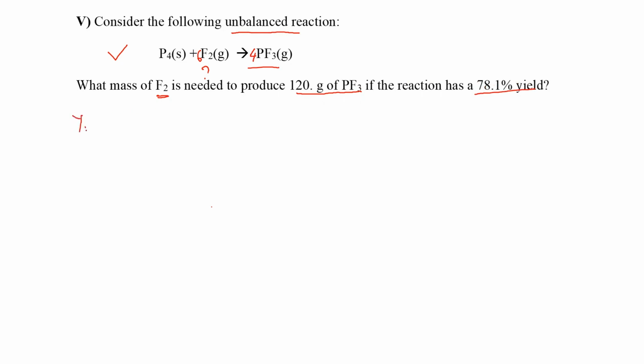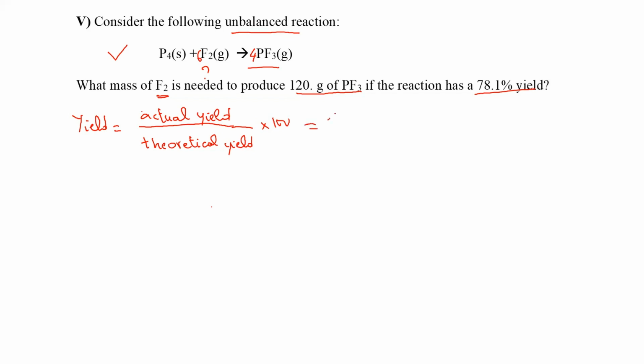We know that the yield is equal to the actual yield, the mass that you have from the experiment, divided by the theoretical yield that you should have from the balanced equation, times 100. Okay. So in this problem, what is our actual yield of phosphorus trifluoride?